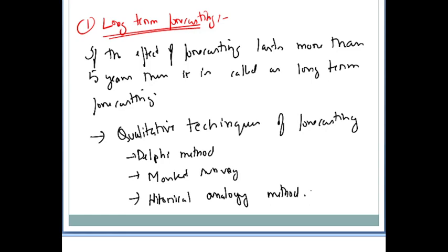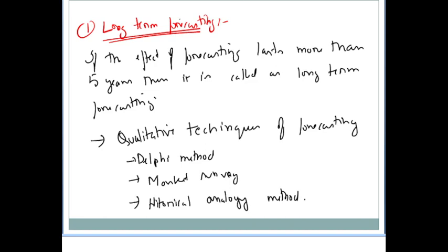These methods are mainly used in case of long-term forecasting. Qualitative techniques, not quantitative, are used. We will study about the Delphi method later on. Just now I'm giving a brief introduction about them.